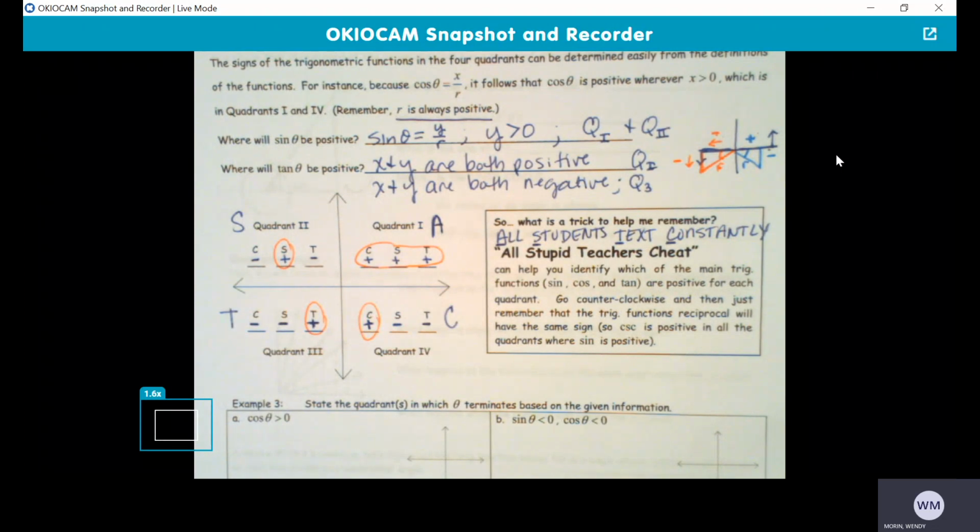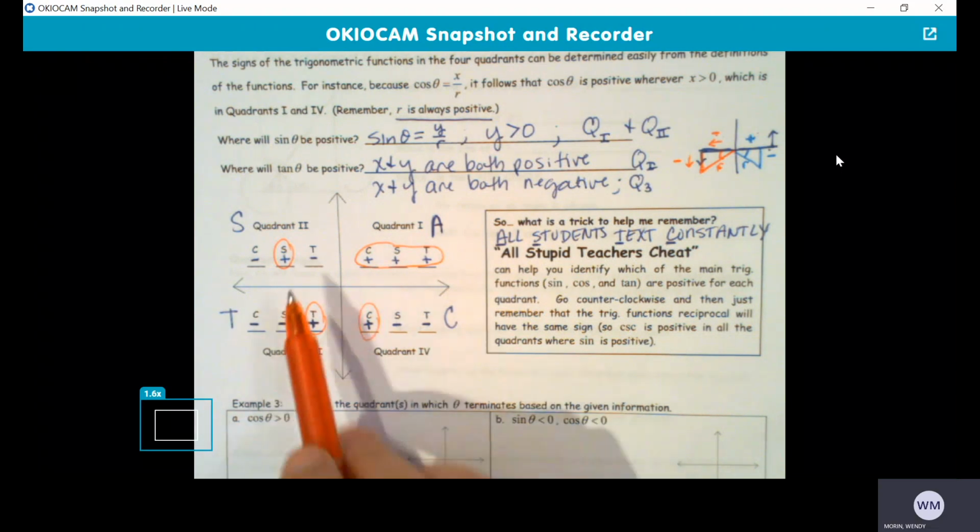So all students text constantly is a way to help you memorize which trig functions are positive in which quadrants and which trig functions would be negative in which quadrants. And it's very, very important that you know where they're positive and where they're negative.